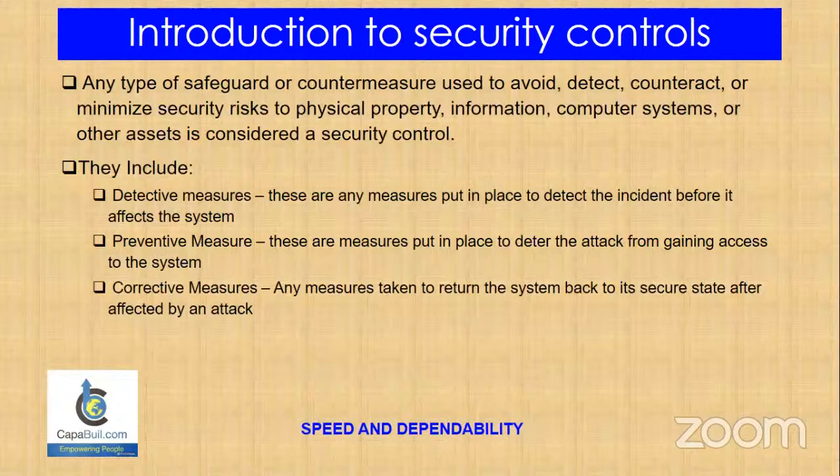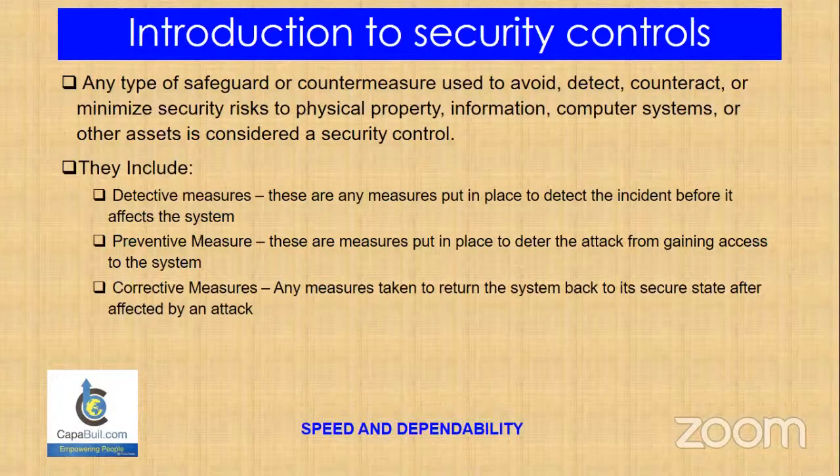Yeah. So here we're going to talk about the different security controls, from what we use to detect, to prevent, and to correct these different attacks that we have seen can be used to ideally compromise our systems and ultimately our data. So basically, the security controls are categorized into three aspects. Yeah. So that is the detective measures.